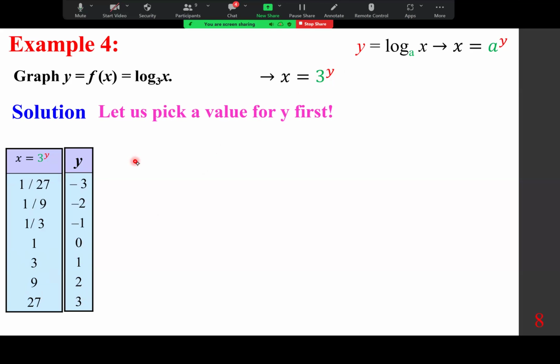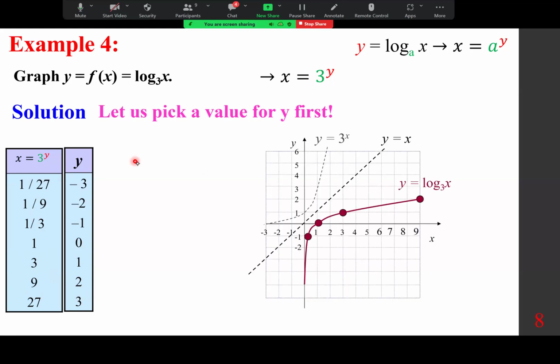basic evaluations. And now, if we graph this pretty carefully, y equals log x base 3 looks like that. I wanted to emphasize the fact that logarithmic functions and exponential functions are inverses of each other.